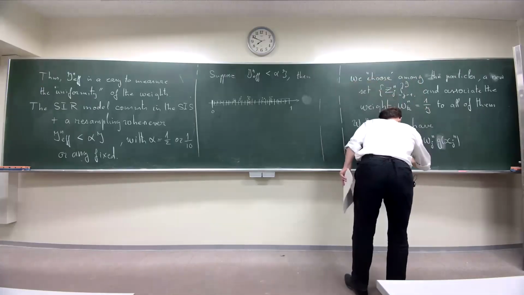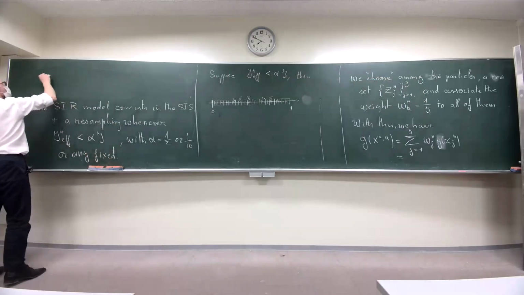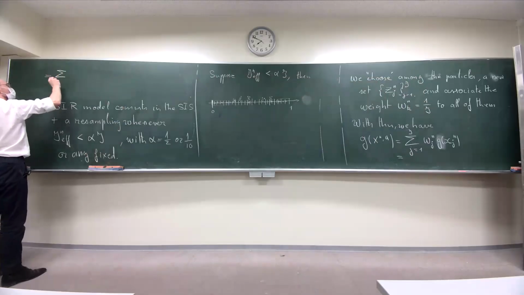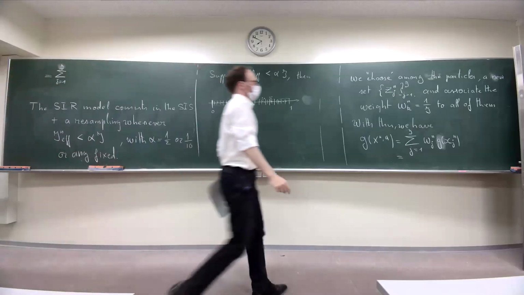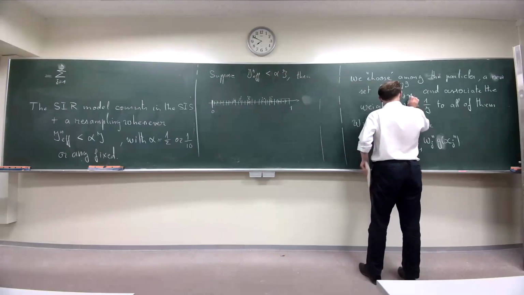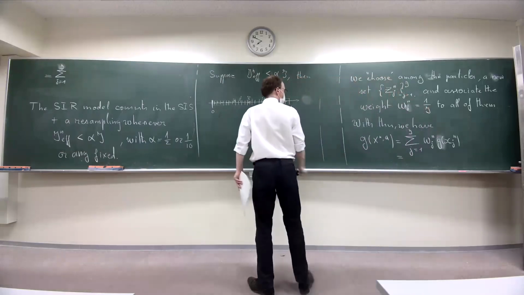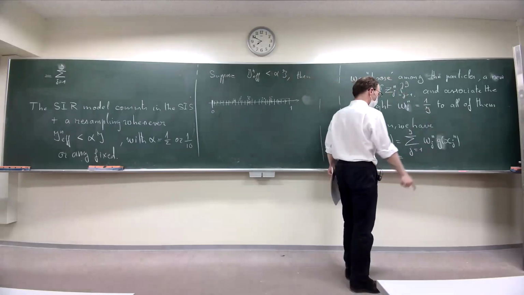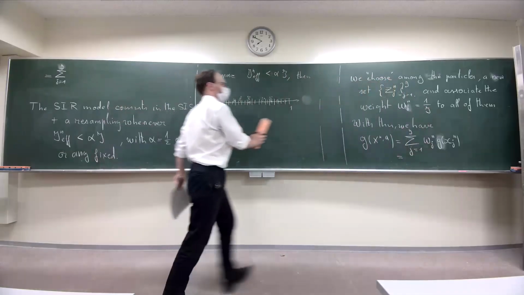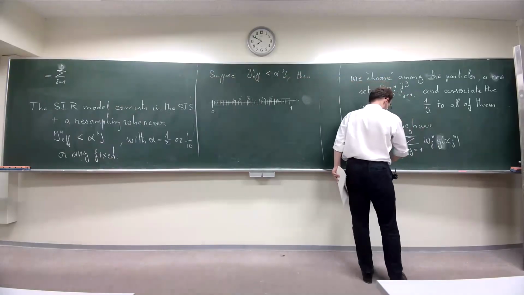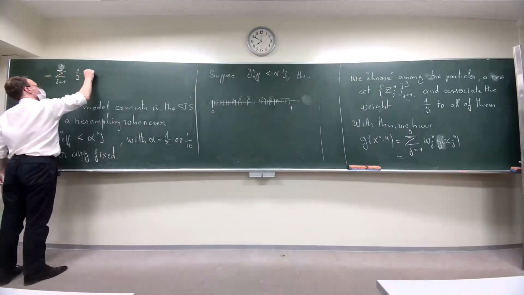And if we do it cleverly, it is the same as the sum, j from 1 up to n, of the weight 1 over j, to all of them. This is the sum of 1 over j, g of zj. I need a new letter here, because the previous number is already in use, otherwise there is a contradiction.